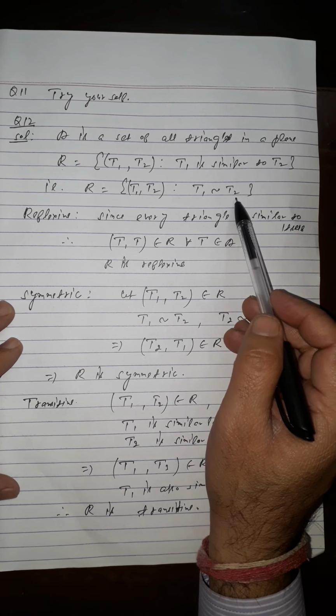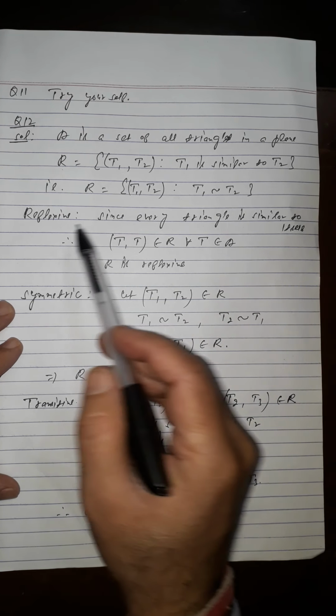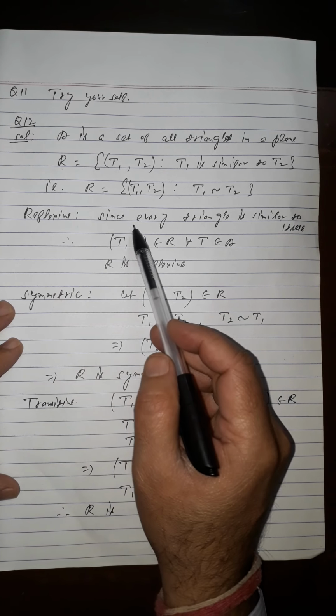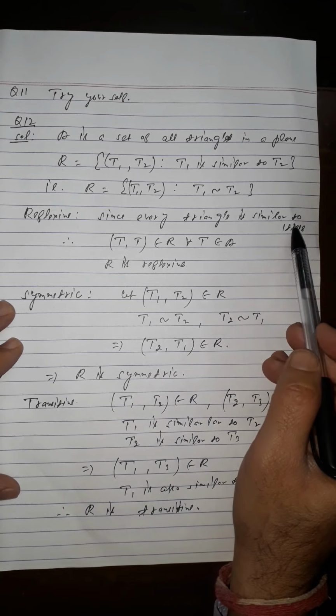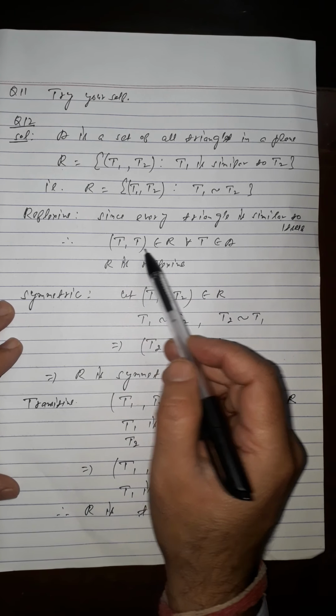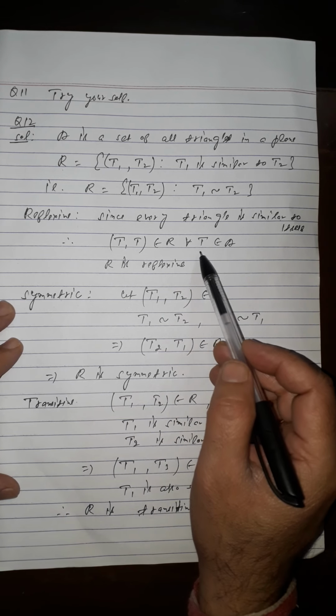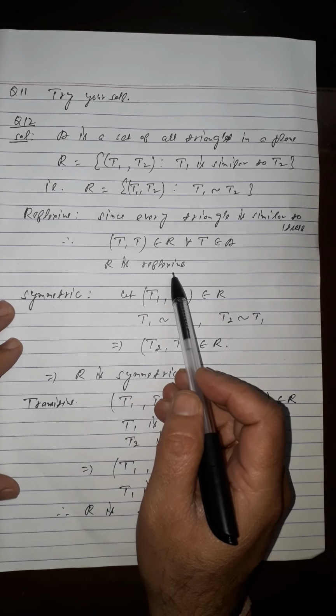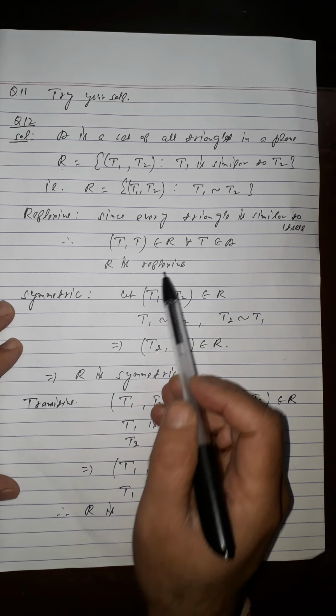Number one, we have to check that it is reflexive. Since every triangle is similar to itself, therefore (T, T) belongs to R for all T belonging to A. Therefore R is reflexive. Right students?